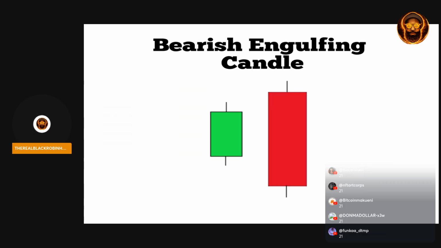All right. So the opposite is true for bearish engulfing candles, right? Anything you do on one side, you can do on the other side. With bearish engulfing candles, you want to see this at the top of a move.